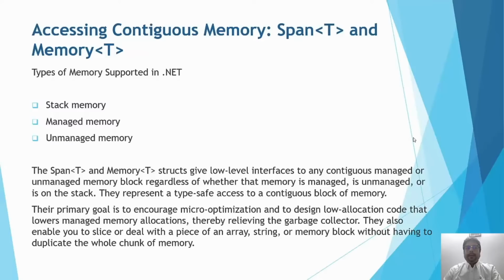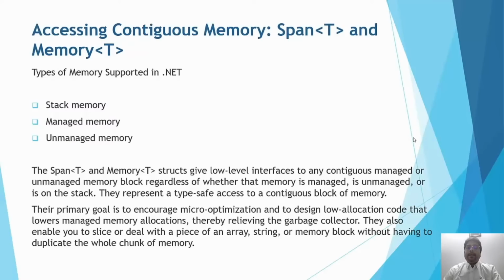Recently, two structs have been added in .NET Core, and these are Span<T> and Memory<T>. These are generic in nature, and that is why you see T here. These structs give low-level interfaces to any contiguous managed or unmanaged memory block, regardless of whether the memory is managed, unmanaged, or is on the stack.